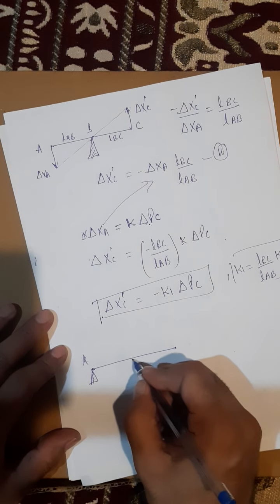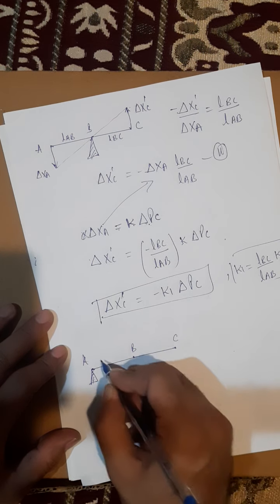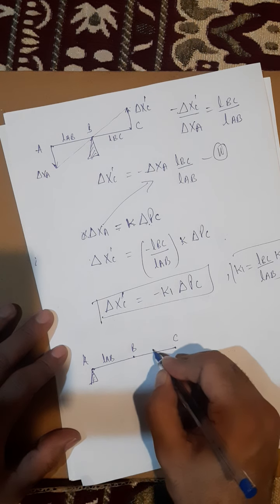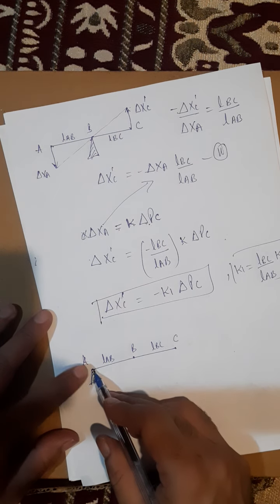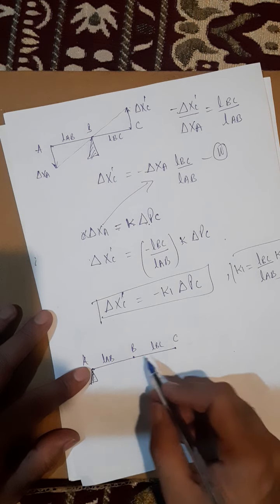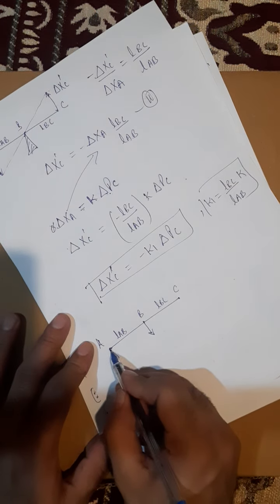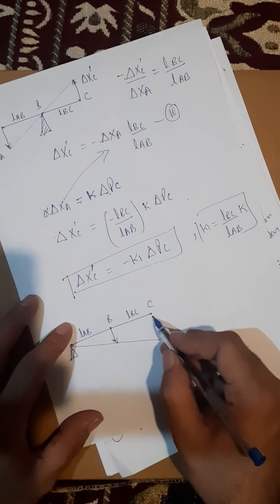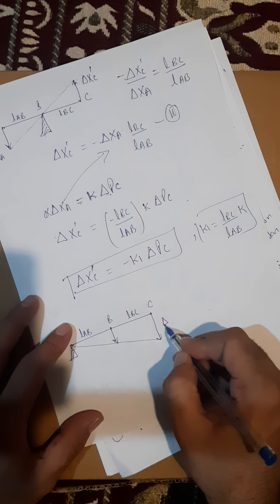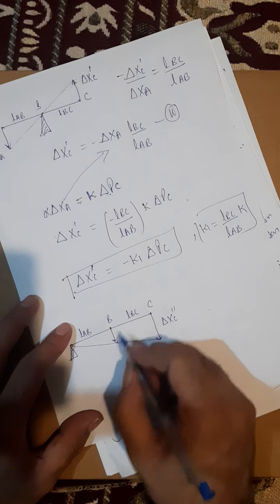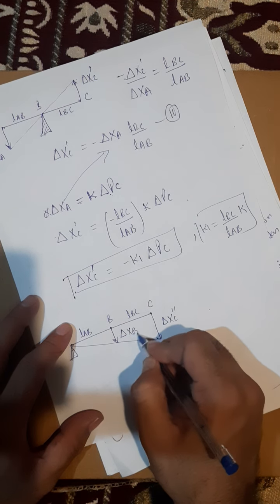This was LAB, this was LBC. So what happens now? Point B will move down. Because of the downward movement of point B, point C will also move down by an amount delta XC double dash. This is delta XB.